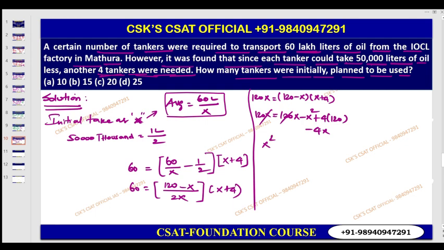x square plus 4x, plus 4x, minus 480 is equal to 0. Minus 480. So you have to factorize. Minus 480 here, then you have to get a 4. 20 into 24.